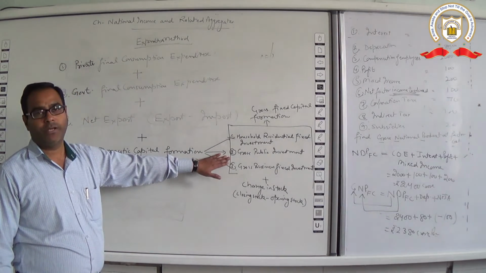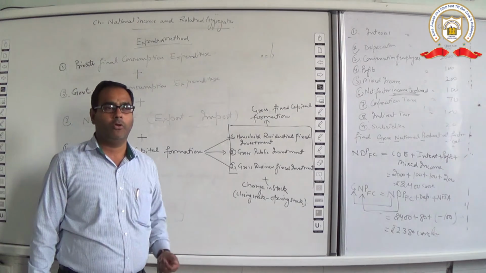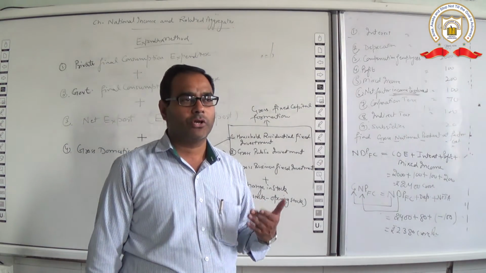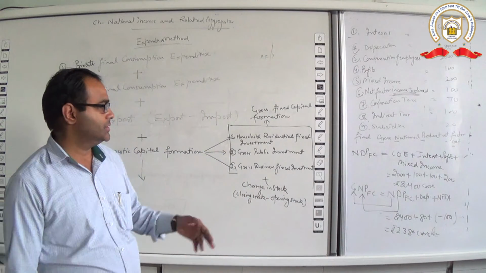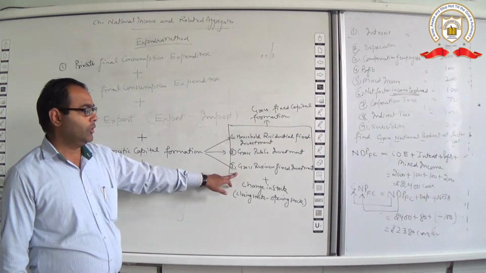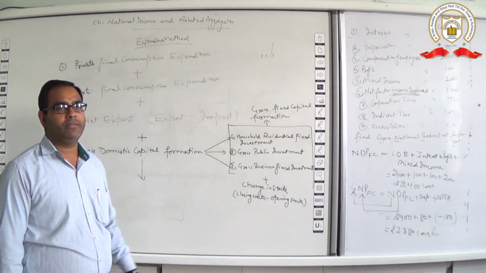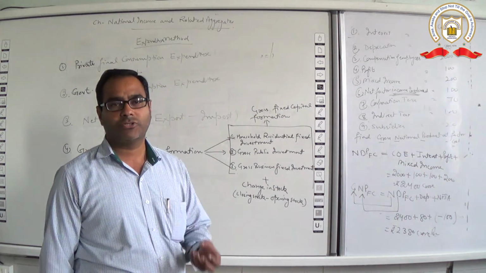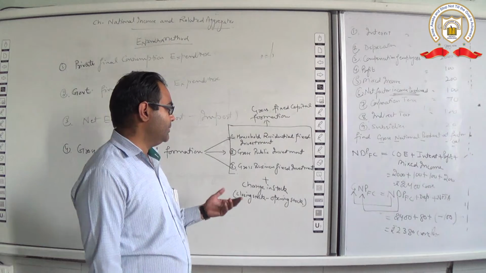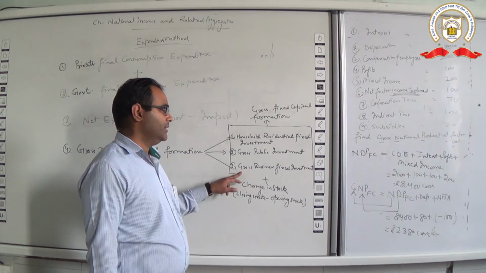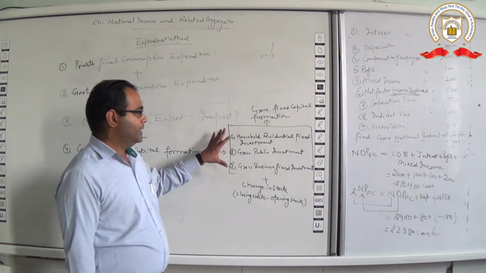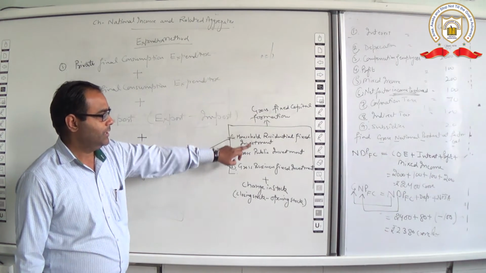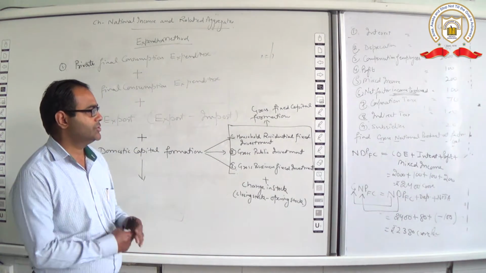Gross public investment means the expenses incurred by the government on fixed assets like construction of dams, buildings, roads, etc. Gross business fixed investment means the expenses incurred by business firms for setting up their industries and establishing new machines. By adding these three items, we get gross fixed capital formation, and to this we add change in stock.